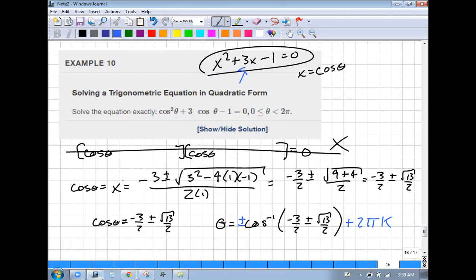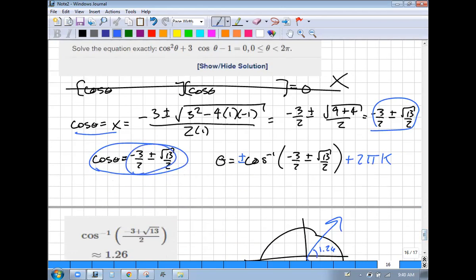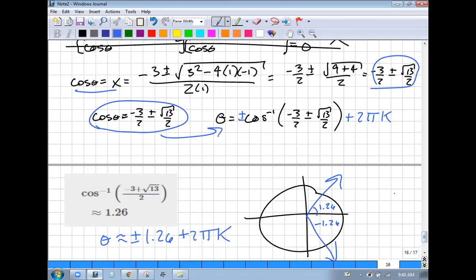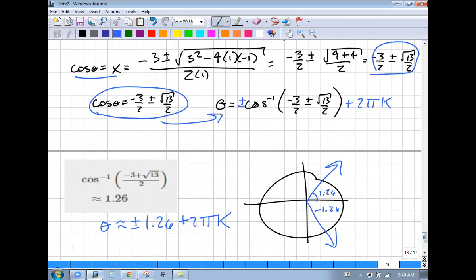So first solve for x, right? So we got x is this, but x is really cosine theta. From there, this is just a number, has a big ugly name, but it's just a number. You could plug that into your calculator if you wanted. So theta, one of the solutions is when you take cosine inverse, and it gives you that one.